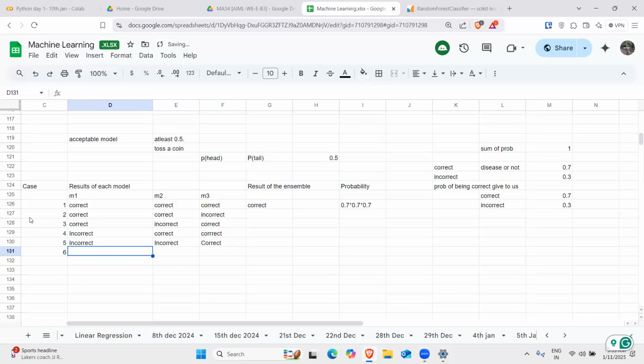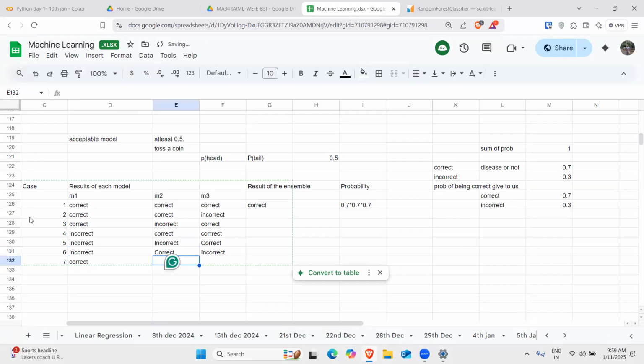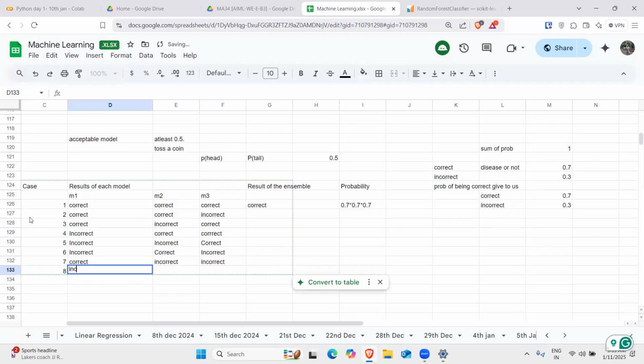Sixth is incorrect, correct, incorrect. Then seventh, correct, incorrect, incorrect. Then eighth is incorrect, incorrect, incorrect. Right? Only 8 possible cases will be there, right? If you want, you can try this out. Apart from this, you will not have any other possible scenario.